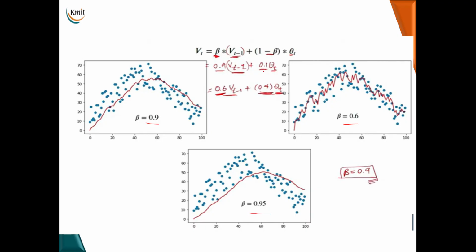The current value is multiplied by 0.1, which is less, and the previous value is multiplied by 0.9, which is more. That is, more weightage is given to the previous value. Therefore, it tries to move in the direction where the previous value was moving, rather than following the current data point.